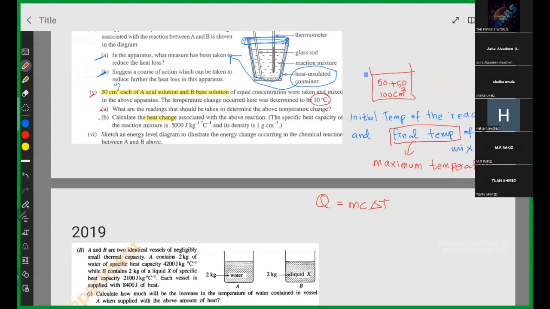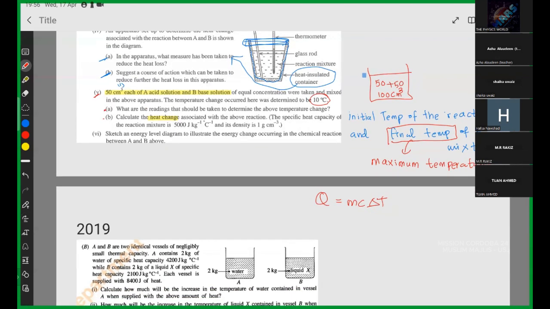So the thing here is they're going to react an acid and a base. For this container, they will put acid and they will put base: 50 centimeter cube of acid, 50 centimeter cube of base. Altogether, this will be the volume, 100 centimeter cube.